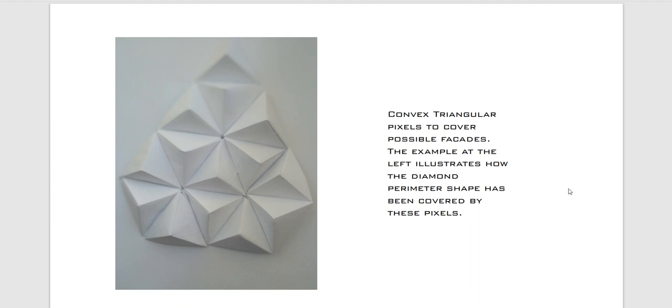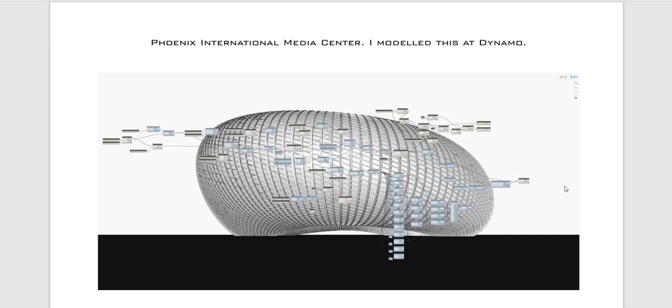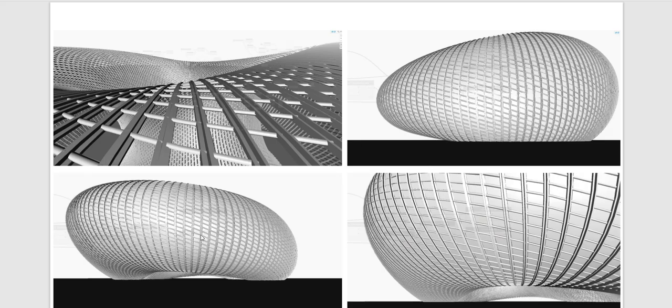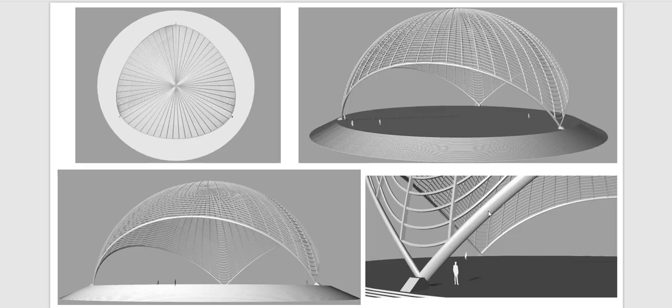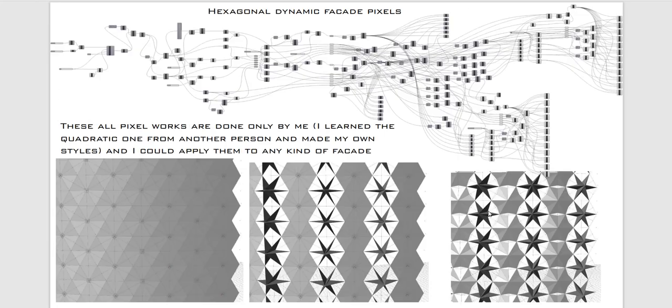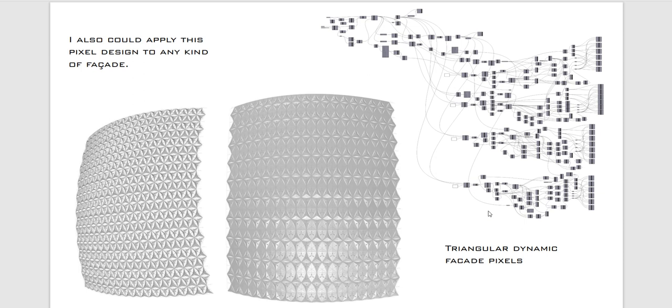And if I have enough time, I'm going to make video tutorials on how I am doing this in Dynamo. For this Phonics International Center and others, we're going to have discussions. I am going to show you step by step how I make these parametric dynamic facades and static buildings in Grasshopper and in Dynamo.